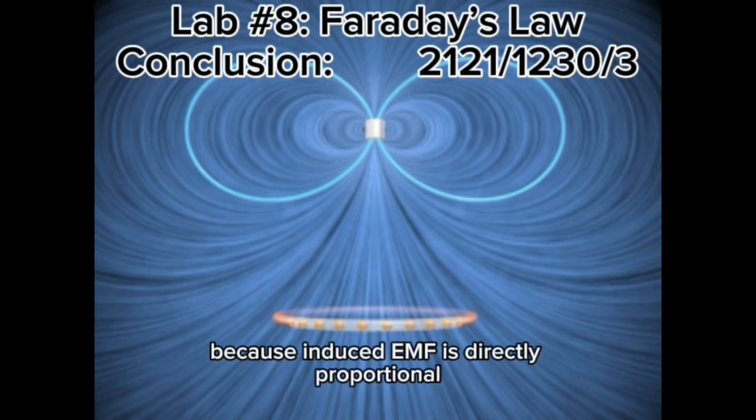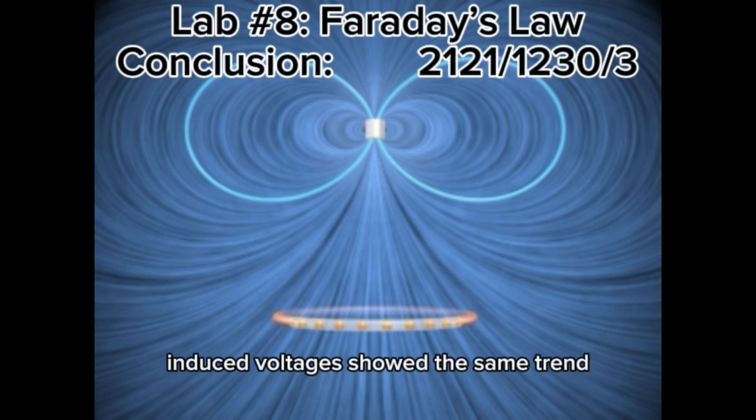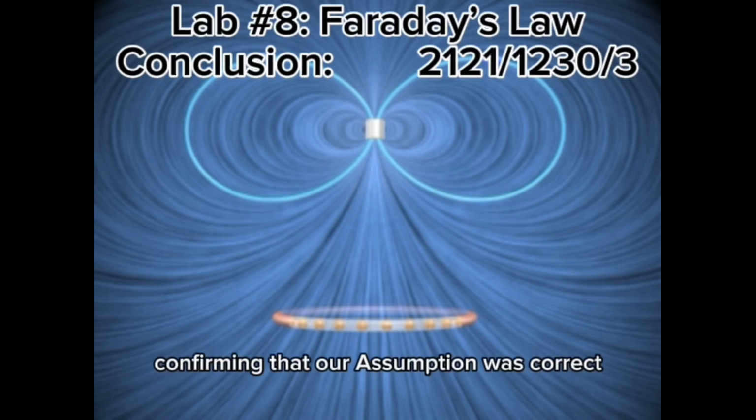Because induced EMF is directly proportional to the rate of change of magnetic flux, the percent differences between the magnetic field values and induced voltages showed the same trend and change in the same direction, confirming that our assumption was correct.